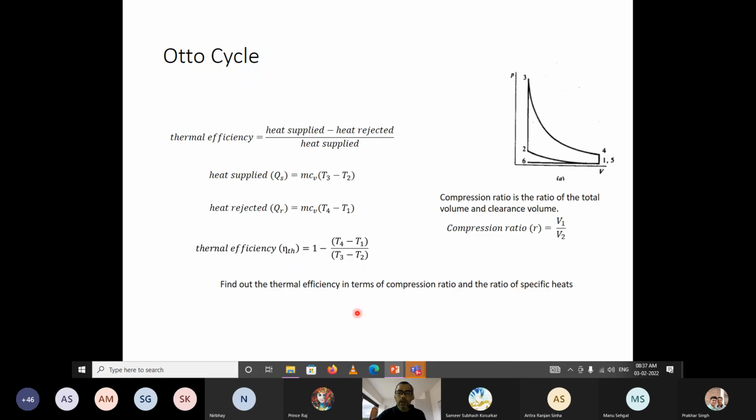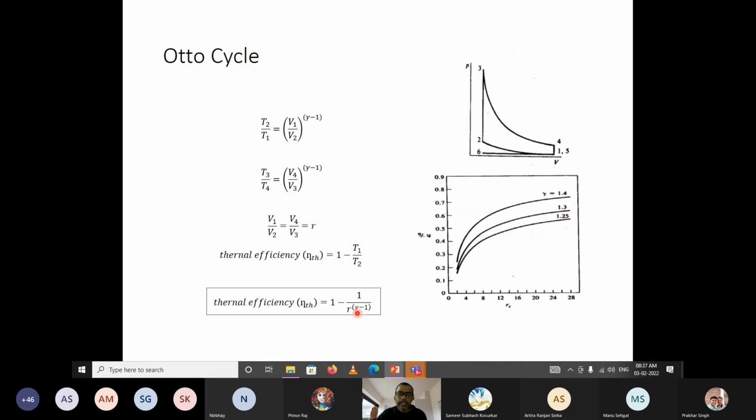I would suggest to all of you that even though you have done many numericals in your thermodynamics course, I have skipped a lot of steps, so please do it once again at home or in your room, so that you can do some of the numericals also. You may expect some numericals on this topic.